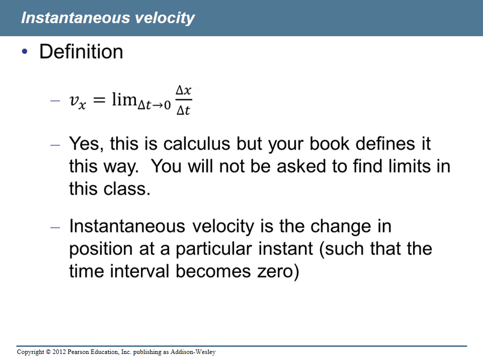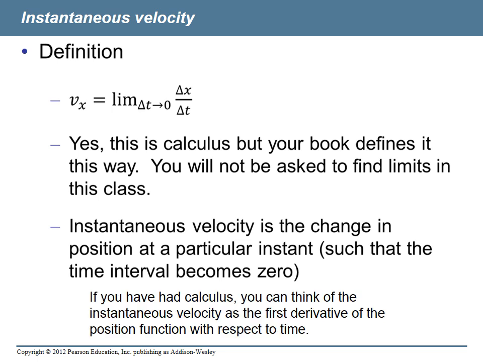But basically what it means is that this is the change over a time interval that's so small that it's like it happens at one particular instant. So t1 and t2 are incredibly close to each other. So instantaneous velocity is this change in position.